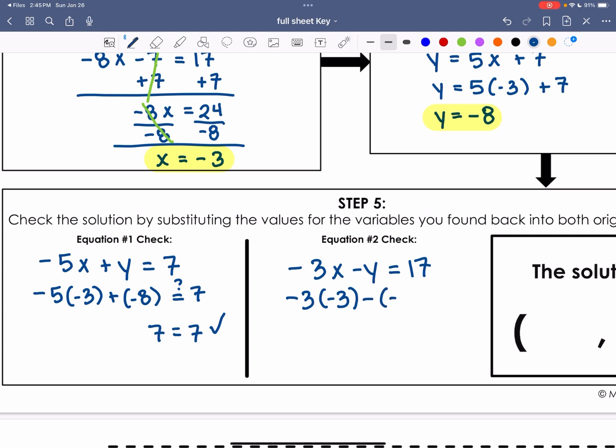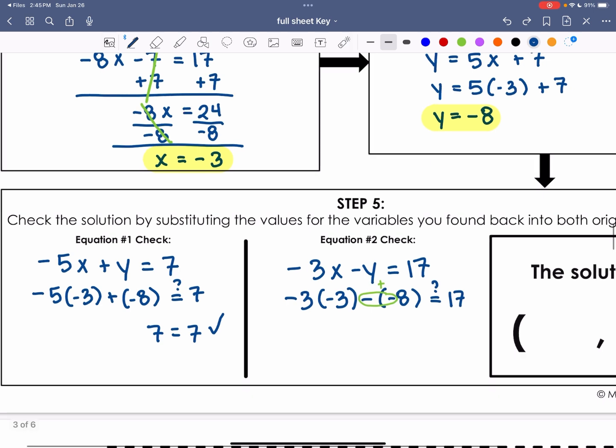And then we're taking away negative 8. So one thing about that, taking away a negative becomes a plus. So this is really positive 9 plus 8, which is 17. So yay, that also checks out.